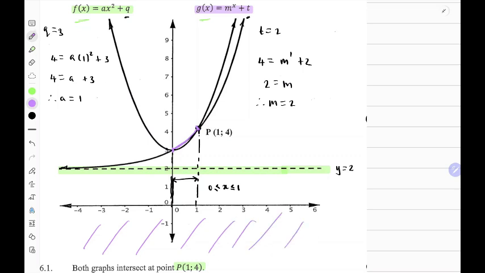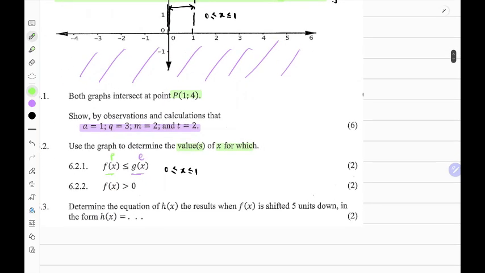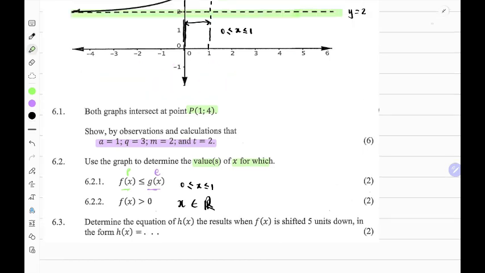It's all positive, all above the x-axis. So for this one, x is an element of the real numbers. For all values of x, f of x is positive.